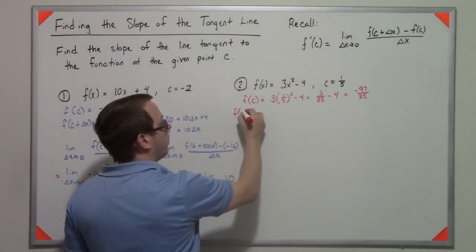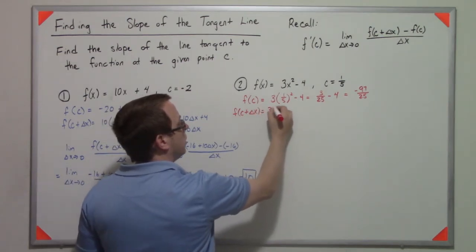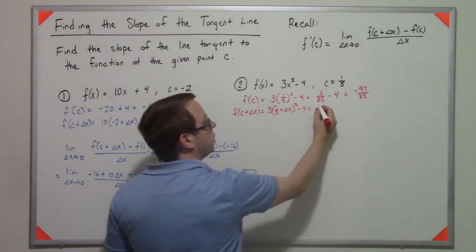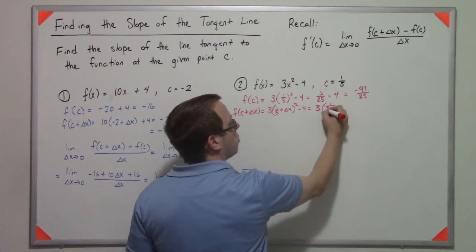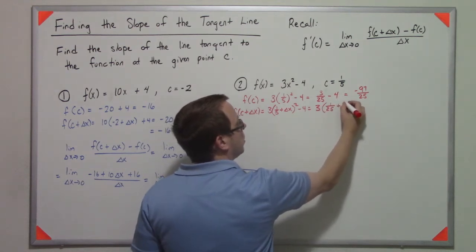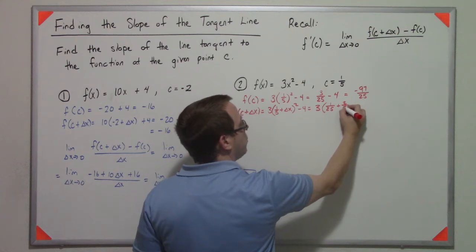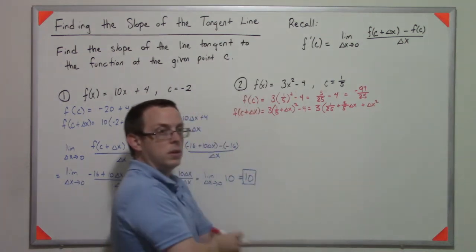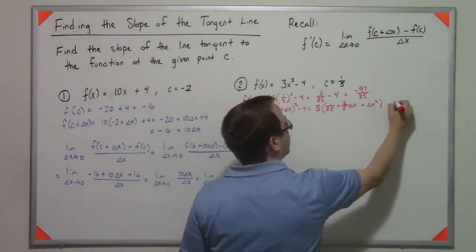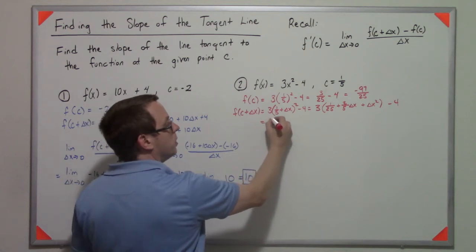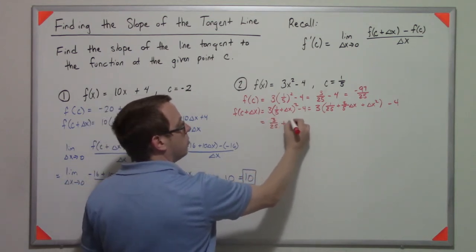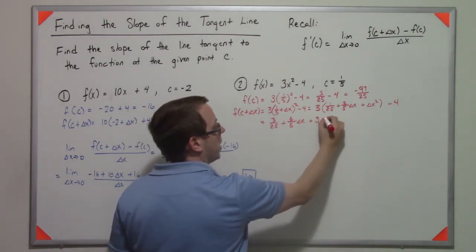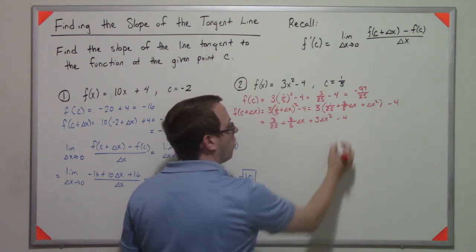And f of c plus delta x is 3 times 1/5 plus delta x squared minus 4, which is 3 times 1/25 plus 2 fifths delta x plus delta x squared minus 4, which is 3 25ths plus 6 fifths delta x plus 3 delta x squared minus 4.